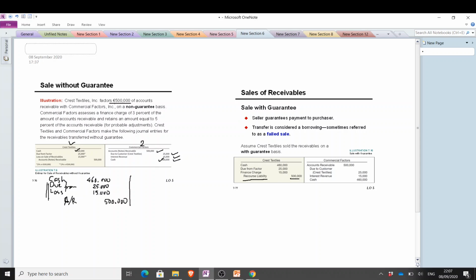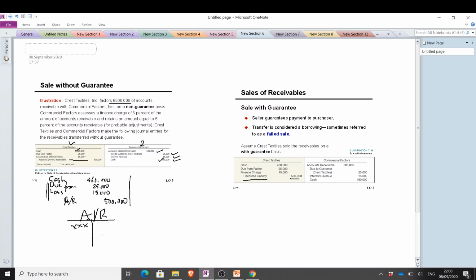While here, it is the sale without any guarantee, so from the seller side, the seller will delete its accounts receivable from its books. So the seller deducts its receivable.